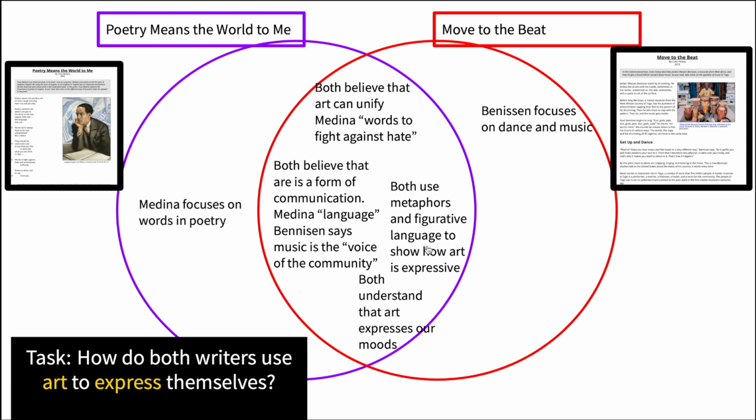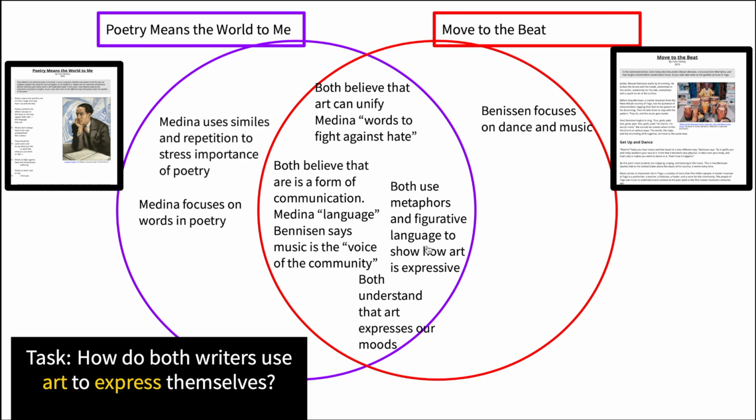So he's comparing music to human life. And then even Medina uses some figurative metaphors. He says poetry is the world to him, right? So he's comparing writing poetry to the world and the weight of the world. So they're both using figurative language and metaphors to show how art is expressive.